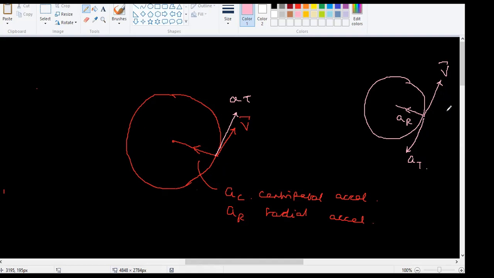Reduce, right? Since they are in the opposite direction, the speed will decrease. Since they are in the same direction, the speed will increase. So take it down properly. This is what is called tangential acceleration. This is radial acceleration or centripetal acceleration. This is to increase the speed. This is to decrease the speed.